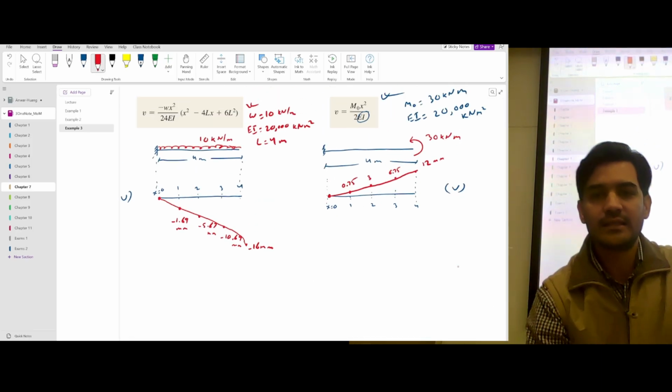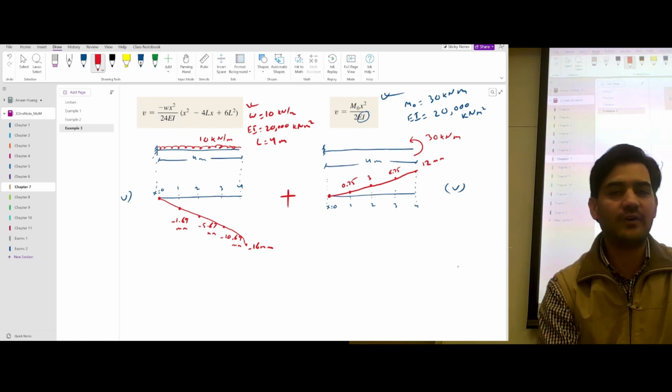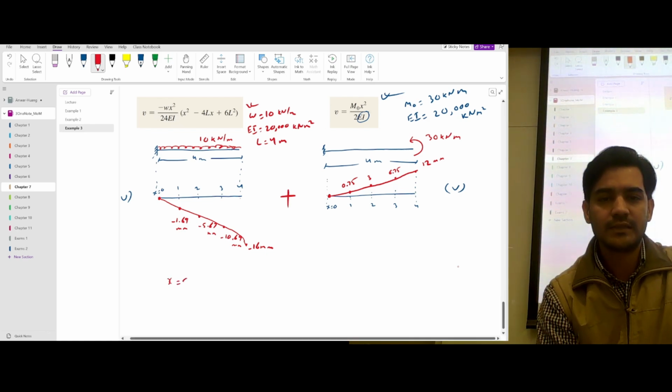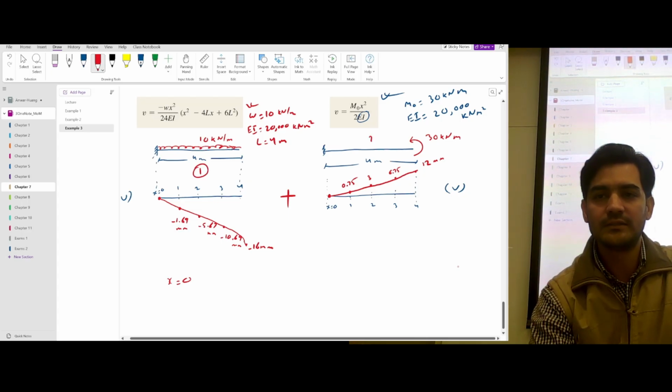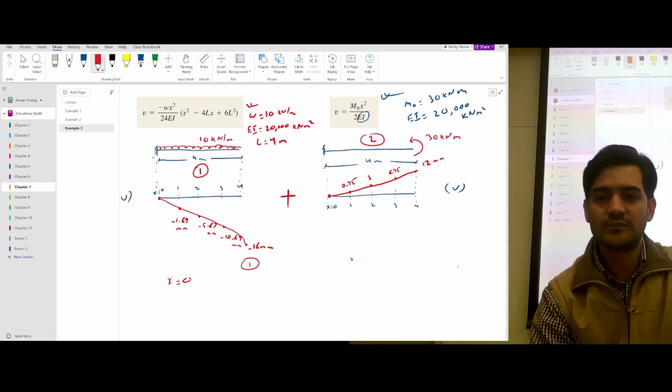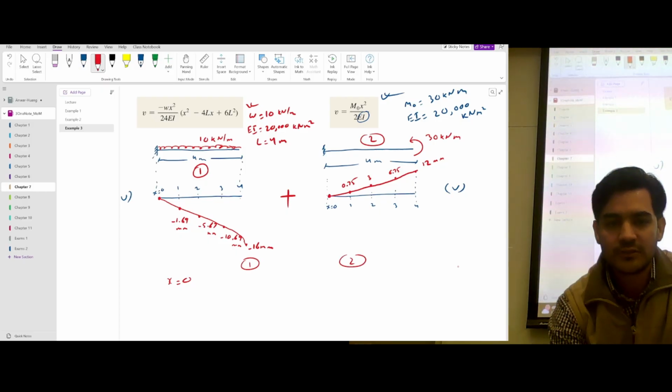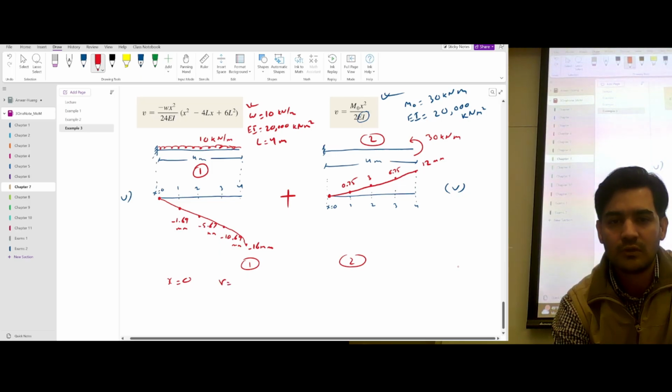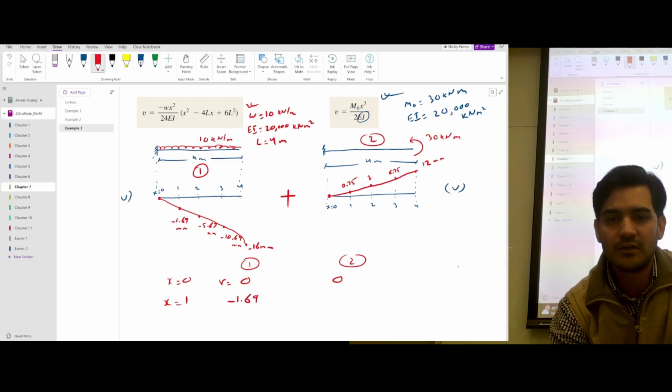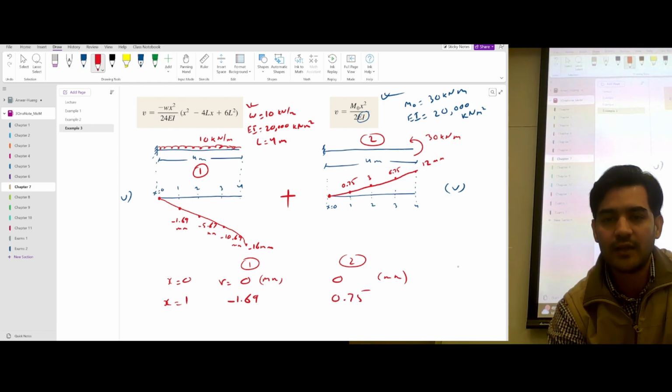Once you have the answers, we can just add these two things and we're going to get the final value, right? Let's say this is the first part and this is the second part. For the first part, at x is equal to 0, the displacement was 0. For x is equal to 1, I got negative 1.69, and here I got 0.75.